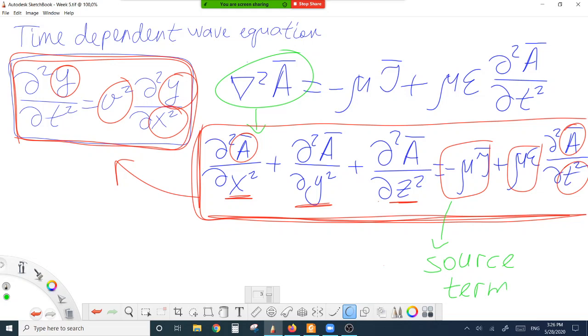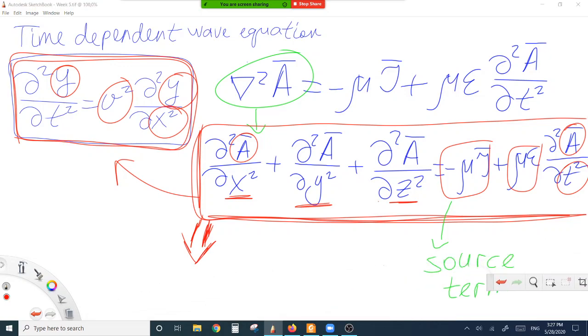This equation is called the non-homogeneous wave equation, because if there exists a source term, our equation is non-homogeneous.